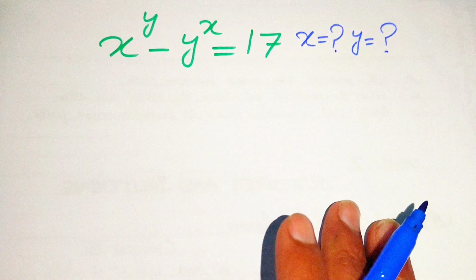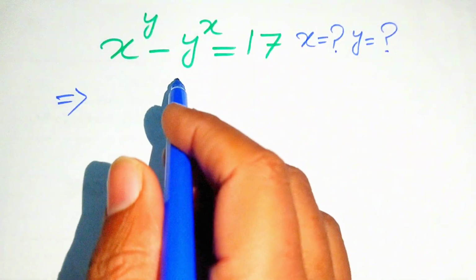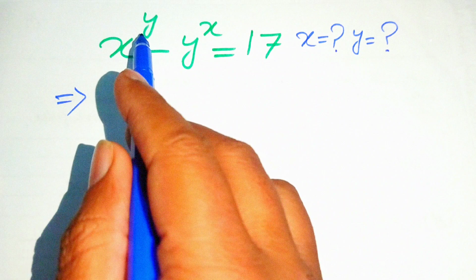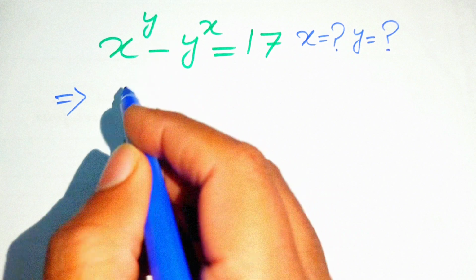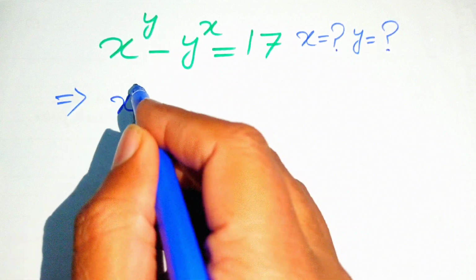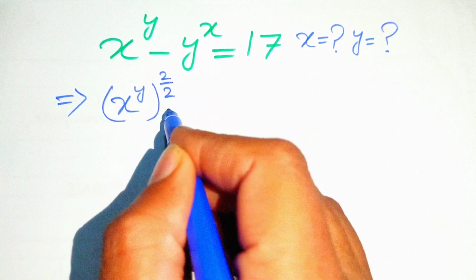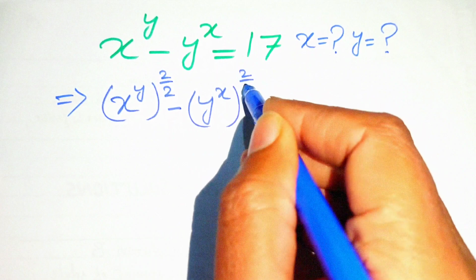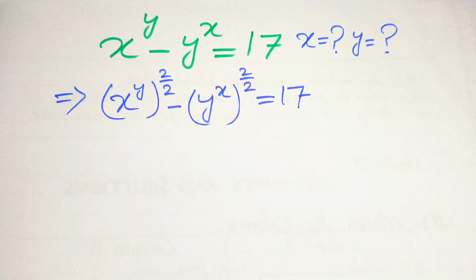So the very first thing we are going to do is rewrite this equation. We first multiply and divide the exponents of both of the terms by 2, and we write it as x to the power of y, whole power 2 by 2, and y to the power of x, whole power 2 by 2, equals 17.